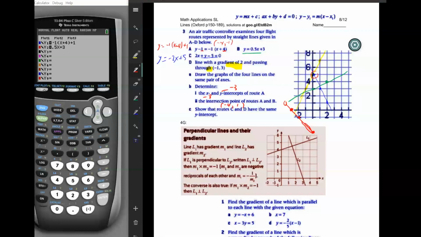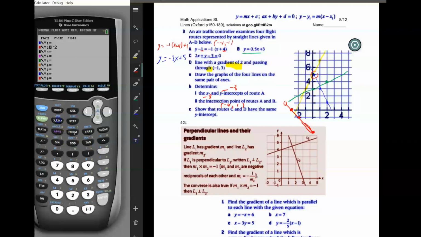We could demonstrate it with these lines here, or we could graph it on the calculator and find out their intersection point is the y-intercept. Okay, so we already have -2x plus 5 in the calculator. We don't. Okay, so let's put both of them in the calculator, and then we'll show that the intersection point is the y-intercept.